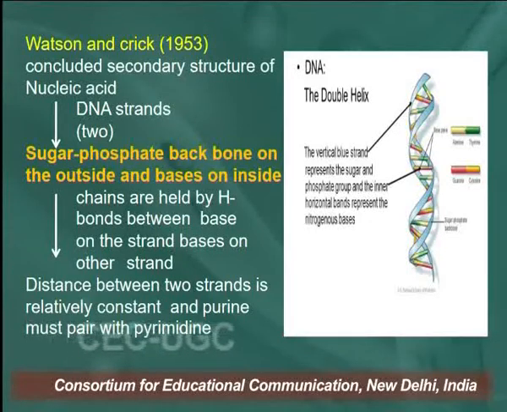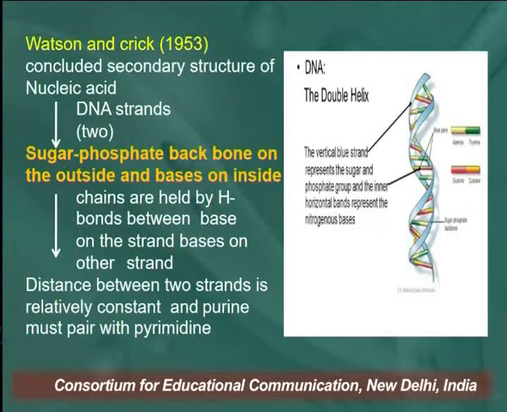phosphate backbone is on the outside. As I told you, the sugar anchors the phosphate through the formation of a phosphate bond, and that sugar phosphate bond sits on the outside of the DNA, or we can say it is a backbone on the outside, and bases are present inside the double helical structure.